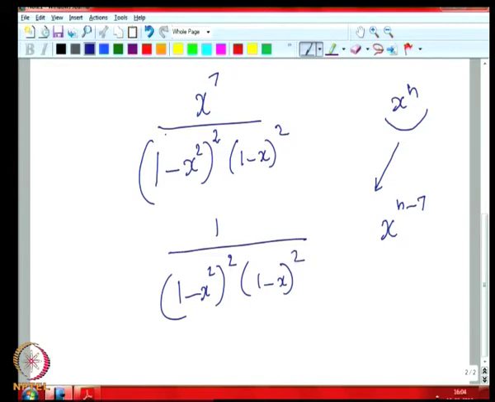We can drop this x raised to power 7 because every term is multiplied by x raised to 7. So, x raised to n will come from x raised to n minus 7 of the expansion of this thing, right. So, now we only have to concentrate on this thing.